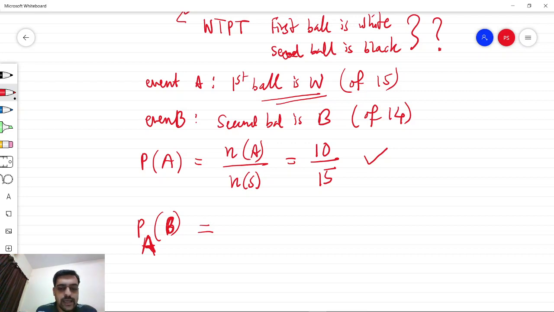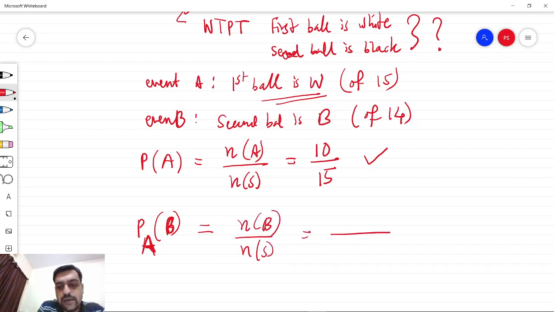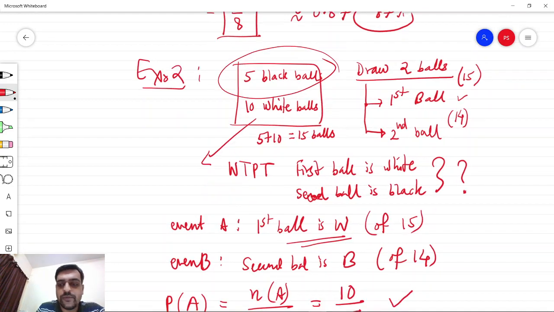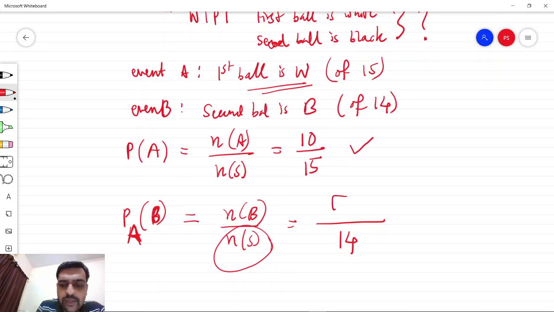P of B is now n of B divided by n of S. Note that n of S has already been reduced. It is now 14, since one ball is less in the box. And since there are 5 black balls left, n of B will be 5. So the ratio is 5 by 14.